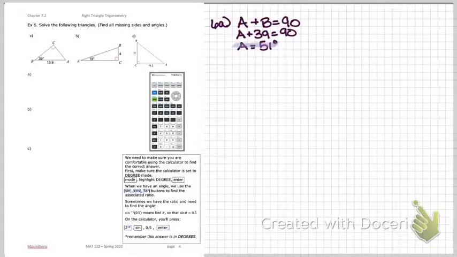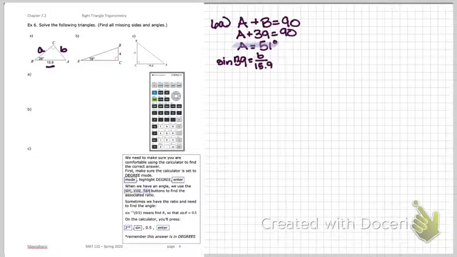Okay. Next thing we're going to do is solve for side B. Let's remember that we can label the sides opposite the angles with the same letters, just lowercase. And so I have the hypotenuse, which is this 15.9. Let's see what happens when I set this up. The sine of angle B, which is 39 degrees, is going to be the length of the opposite side over the length of the hypotenuse.